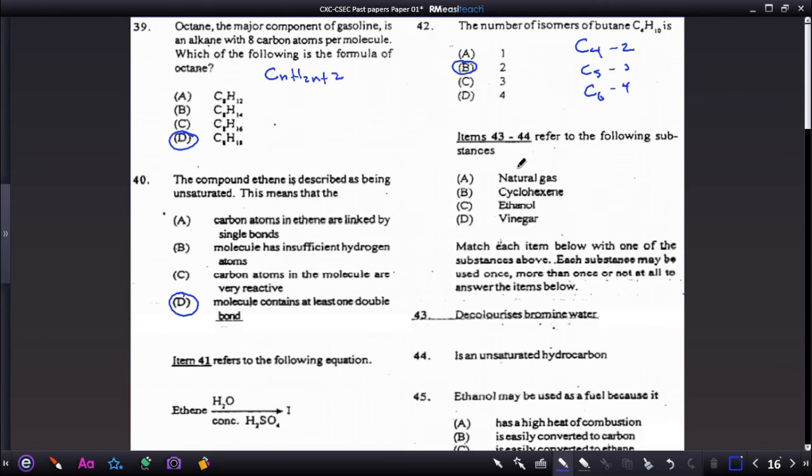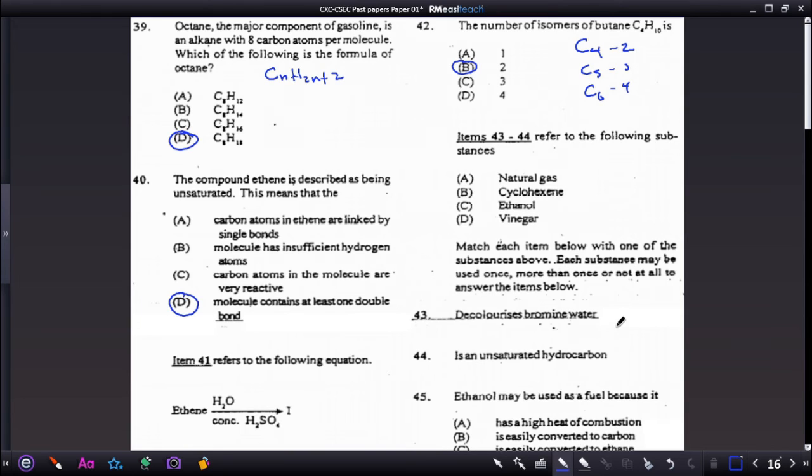Items 43 to 44 refer to the following substances: natural gas, cyclohexene, ethanol, vinegar. Match each item below with one of the substances above. Each substance may be used once, more than once, or not at all to answer the items below. 43 says decolorizes bromine water.